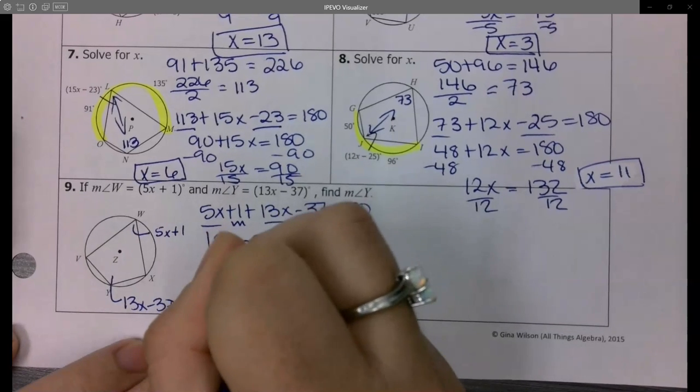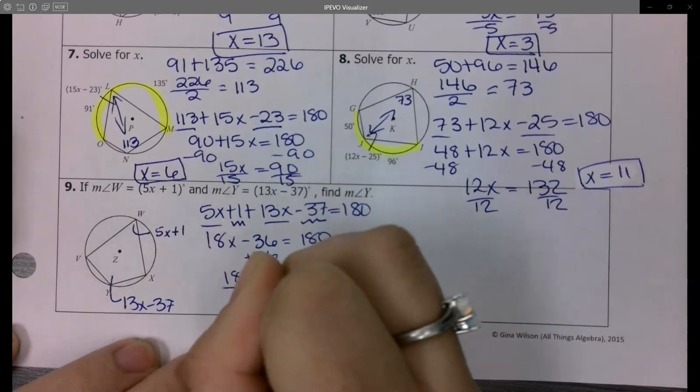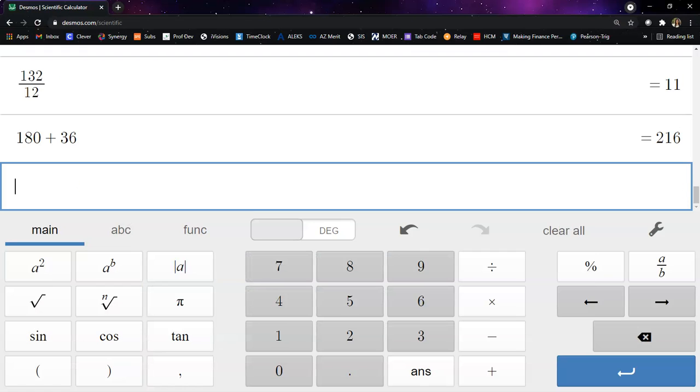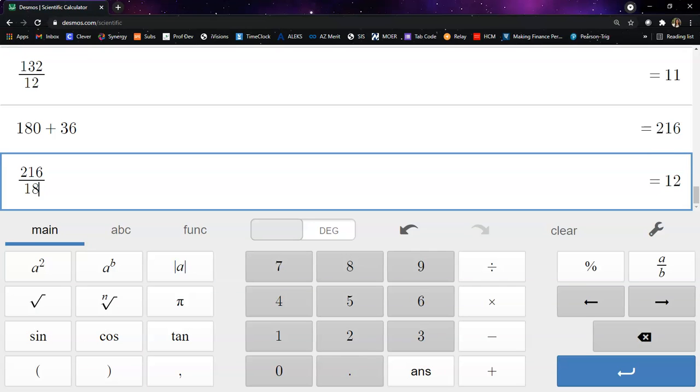Then you can go ahead and divide both sides by 18, which gets me 12.